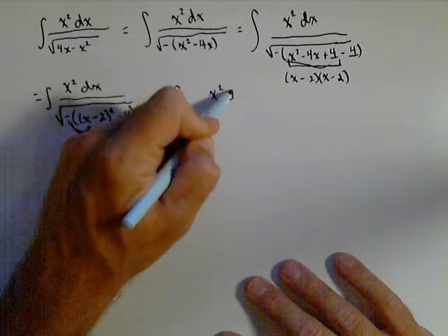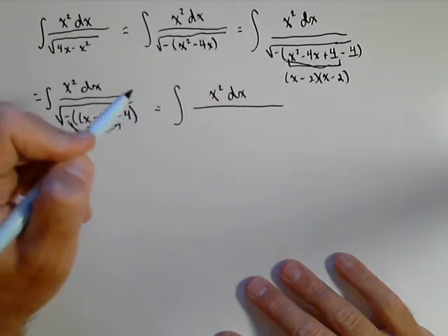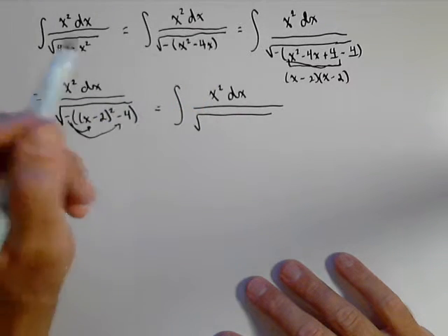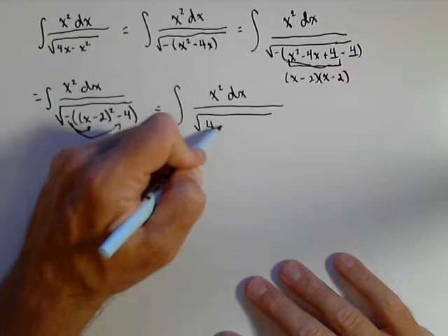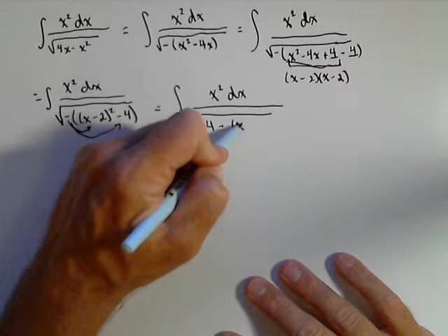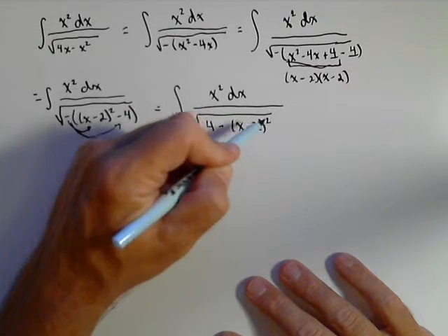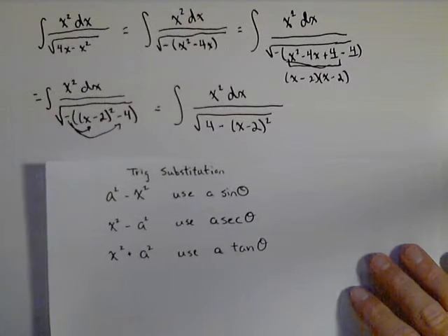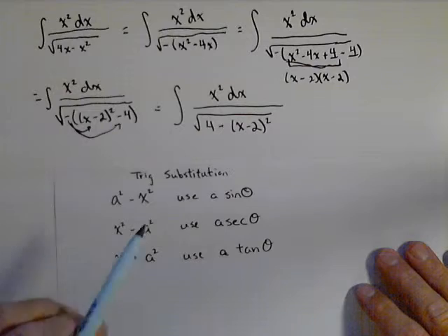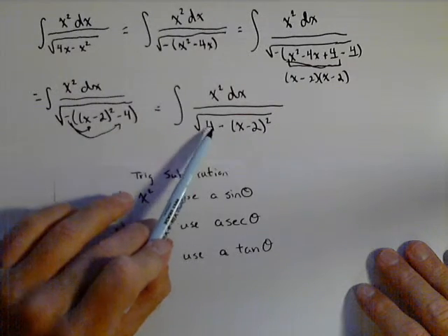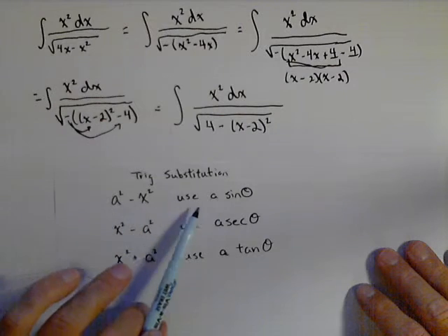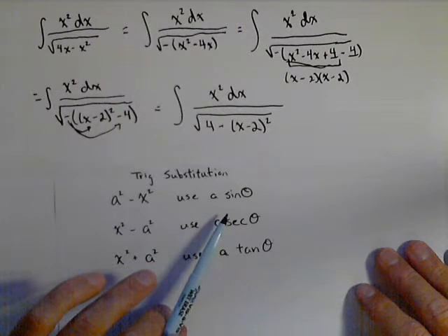So x squared dx all over the square root of 4 minus x minus 2, the quantity squared. Now to bring that sheet back and see if we see a trig sub that kind of matches up. Notice we have a constant minus our x piece squared. So it looks like sine will be our best option.